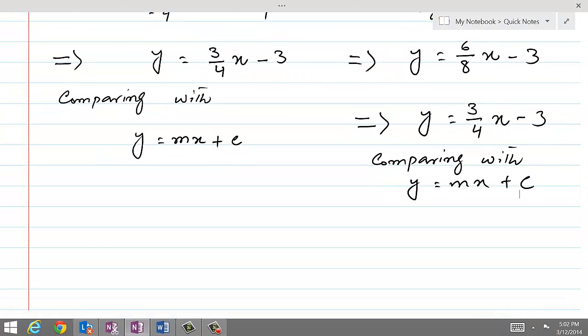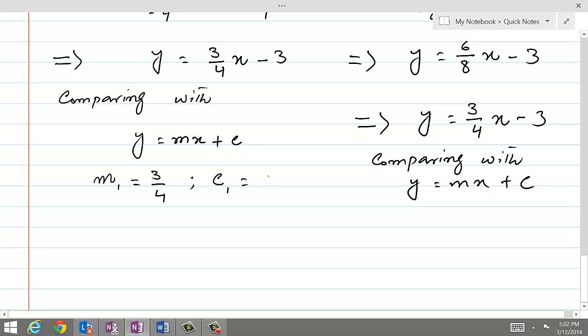What is the slope for the first line? The slope for the first line, let's call it m1, is equal to 3 by 4, and the y-intercept for the first line is equal to -3. And here for the second line, if we call the slope of this line m2, m2 is equal to 3 by 4, and c2, the y-intercept of the second line, is equal to -3.